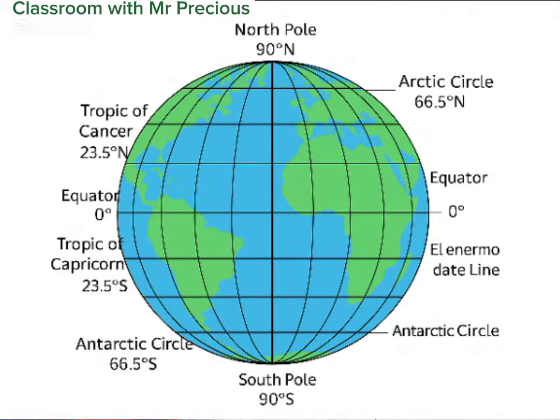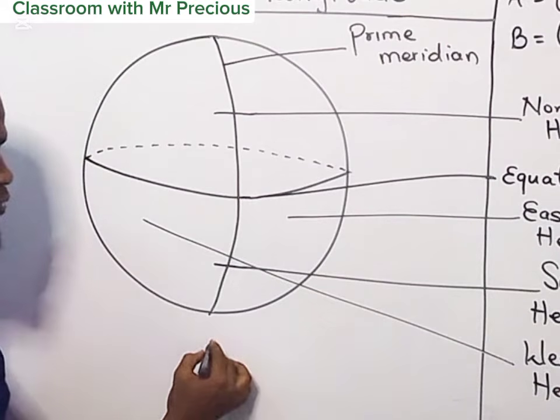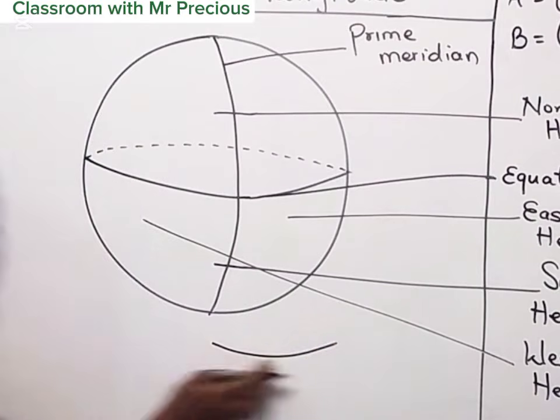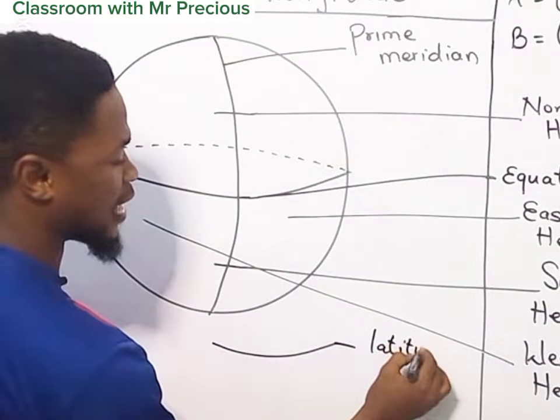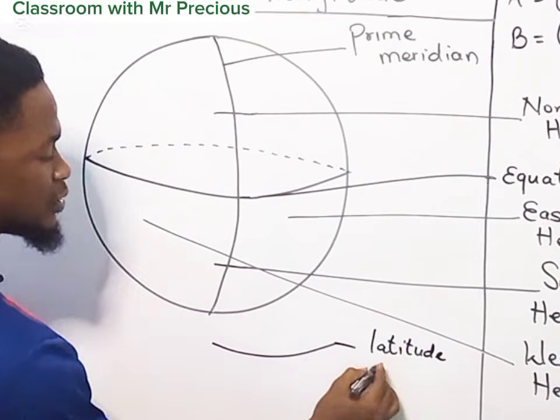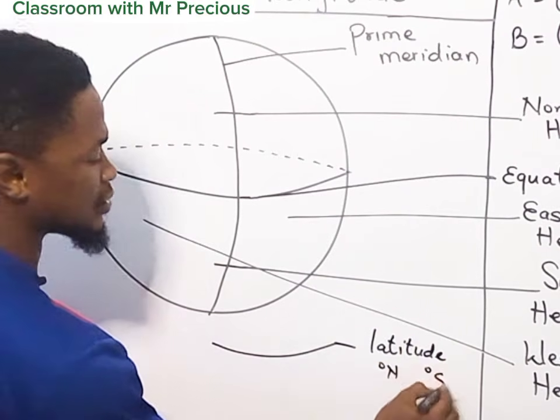Any line that is drawn from east to west represents lines of latitude, and they are measured in degrees north and degrees south.